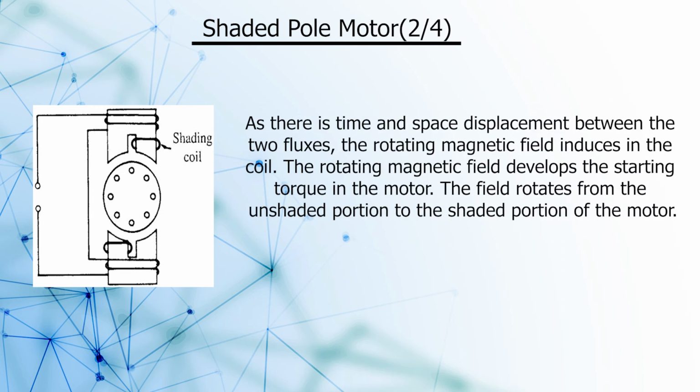So, when there is a time and space displacement between the two fluxes, a rotating magnetic field is induced. This rotating magnetic field develops the starting torque in the motor, and the motor will rotate from the unshaded portion to the shaded portion of the motor.